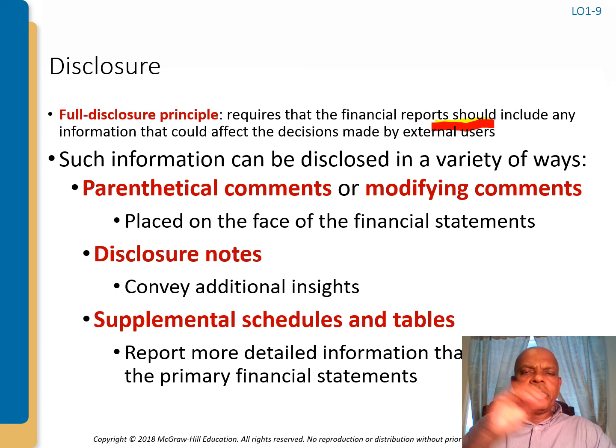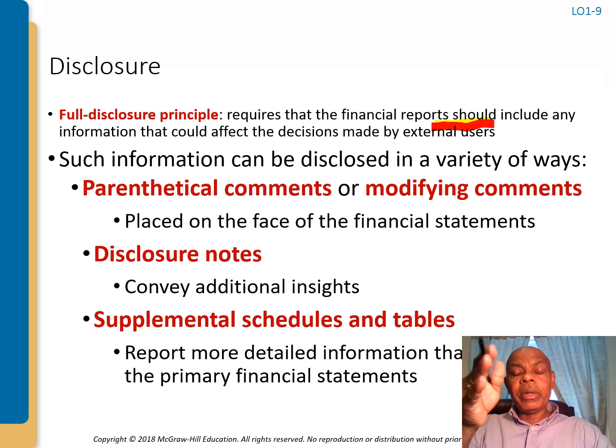What that means is, supposing you have a number in the financial statement, but without additional disclosure information, you might arrive at a wrong decision. If you have additional information, you might make a right, informed decision. If that's the case, you have to have some kind of disclosed information. Such information can be disclosed in a variety of ways.